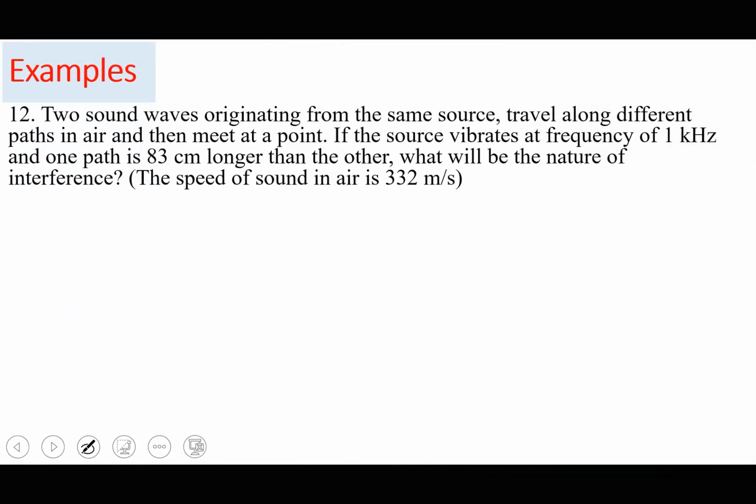Two sound waves originating from the same source travel along different paths in air and then meet at a point. If the source vibrates at a frequency of 1 kHz and one path is 83 centimeters longer than the other, this is therefore going to be called the path difference. What will be the nature of interference?